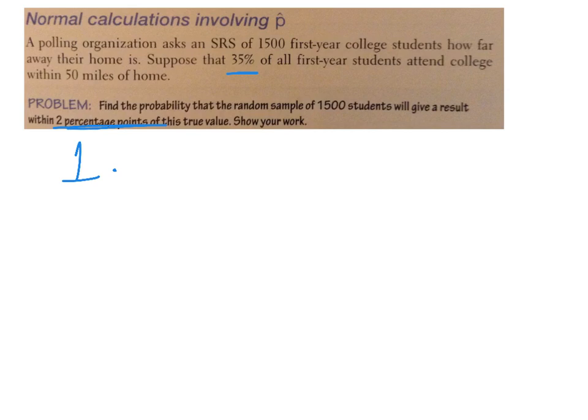Symbol-wise, I'm looking for the probability that 0.33 is less than or equal to p-hat, the proportion of my particular sample, and p-hat is less than or equal to 0.37.